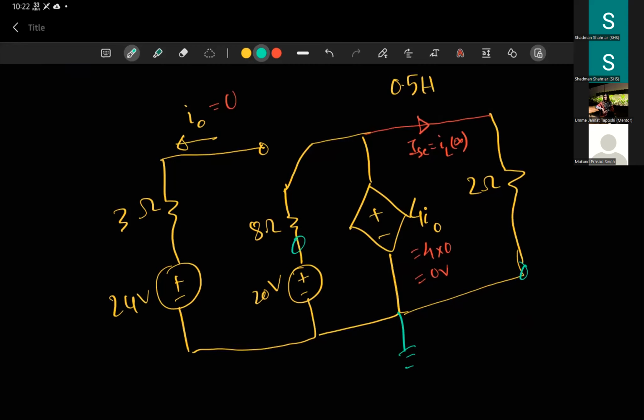You need the value of I naught to put in. So this is 20 volts. This is V1. This is V2. Well, this is not V2. This is basically one single node, right? If you're trying to do node analysis and write KCL where you have a voltage source connected to a node, can you write KCL at V1?